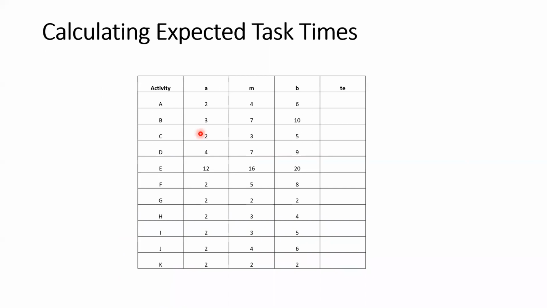So the next one, I have given you an example. There are some activities, and they are given the pessimistic time, most likely time, as well as the optimistic time. And they are asking to calculate the expected time for each of these activities. So did you all check the LMS?